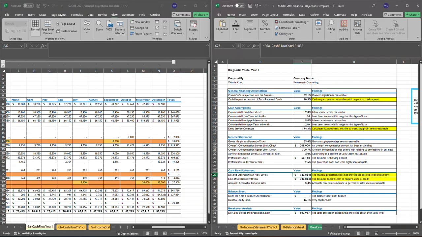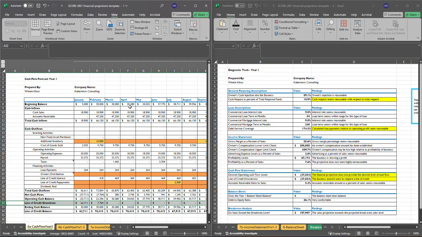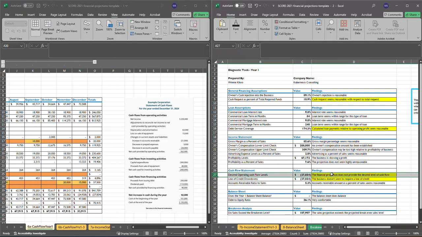So for me, actually, the financial projection does not provide the desired levels of cash flow, which I think is correct. I would have to project out more sales, or less, just cut some of my payroll or operating expenses in order for me to have a net positive cash flow for the year. So I would agree with this assessment, at least for now.